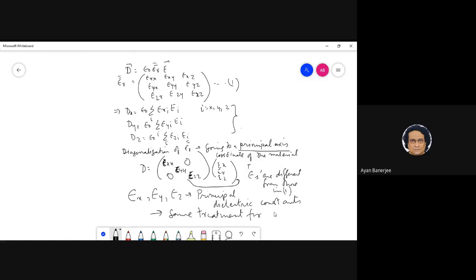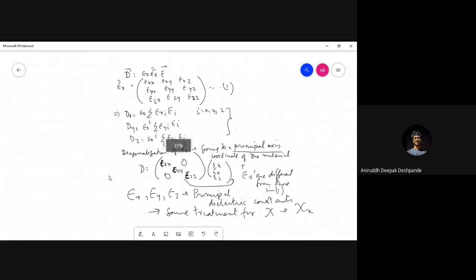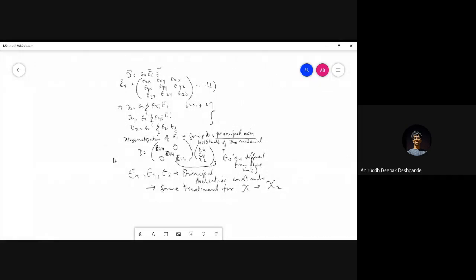For chi, you have something called chi x, which is the principal susceptibility of the material. And the Ex, Ey, Ez that you've written is the transformed version, not the same Ex, Ey, Ez that we used earlier.